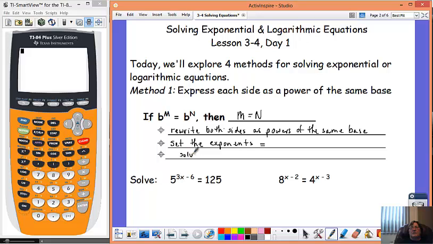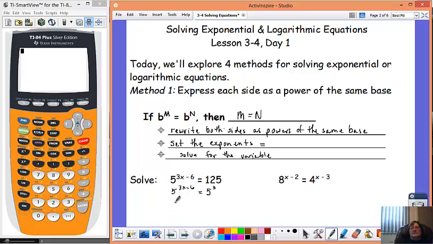So let's see how that plays out down here. Alright, 5 raised to the 3x minus 6 on this side. Well, 125 is a power of 5. In fact, it's 5 to the third power. So I have both sides written as powers of the same base.